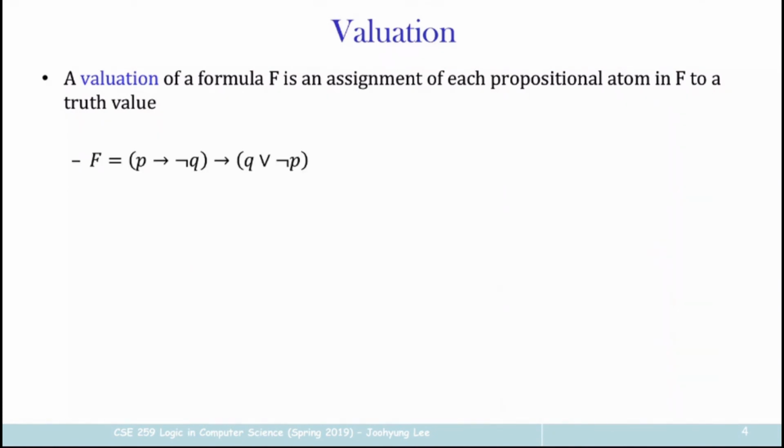So let's look at this example. P implies not Q, implies Q or not P. Actually, is that the right one? Yeah, okay. So how do we evaluate this formula?